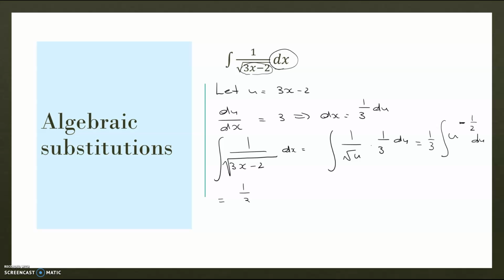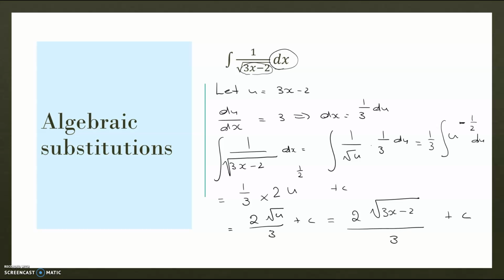So it's a third times u to the power of a half over a half, which is the same as times 2. And I can put it back together to get 2 root u over 3. And if I substitute back in with what I started with, I'm done.